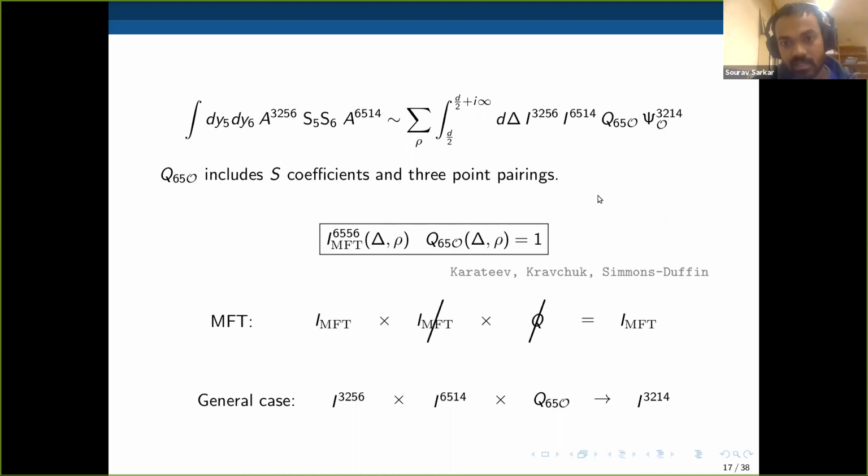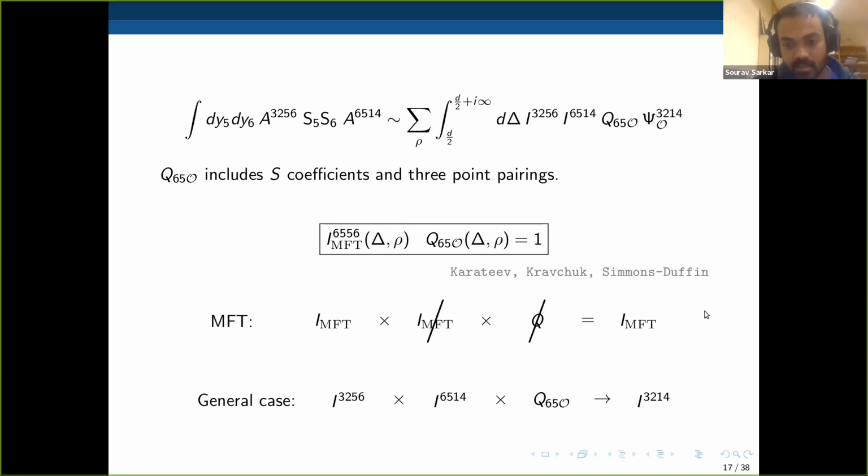So if we take the mean field theory case where each of the I's is from a mean field theory, then one of the I's just cancels with the Q, and we get back a mean field theory correlator. But in general, we can evaluate this integral and take the residues at the double traces 5, 6, and then we see that it is equal to the residue of this spectral function at those same double traces.